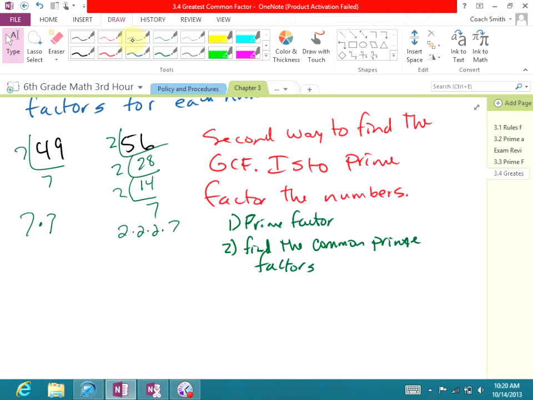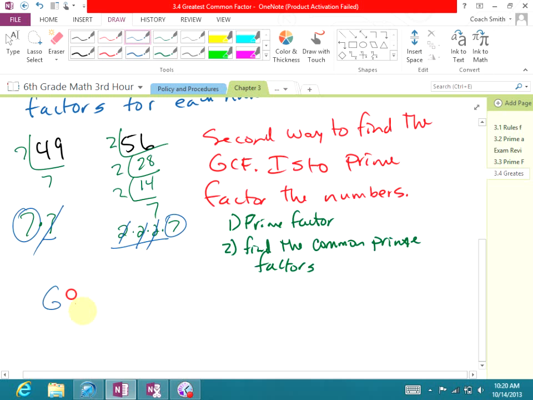As we look at this, there's a 7 in common. Is there any more 7s over here? No. There's no 2s that are common. So the only thing that is common is the 7. So my GCF is equal to 7.